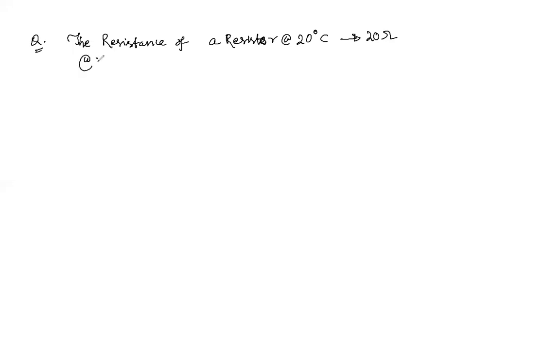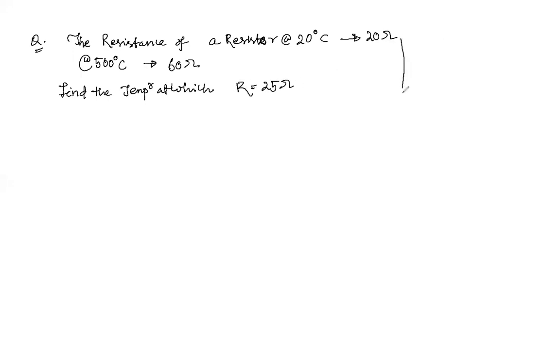At 500 degrees centigrade, the value is given as 60 ohm. Find the temperature at which the resistance will become 25 ohm.